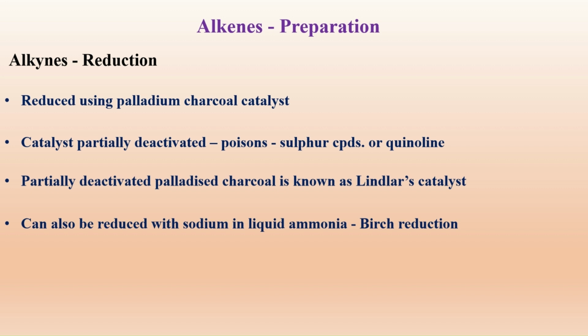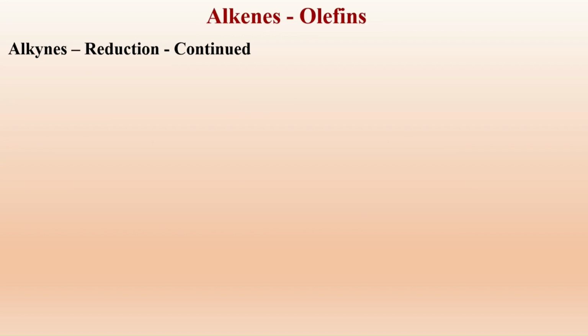Let us look into the reduction of alkynes and its reactions. I take 2-butyne. It has 4 carbons, and at the 2 position it has a triple bond. That's why it is called 2-butyne.